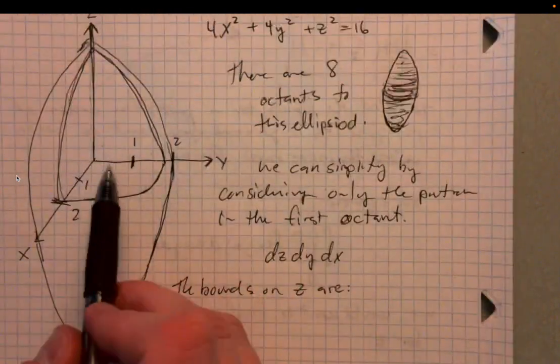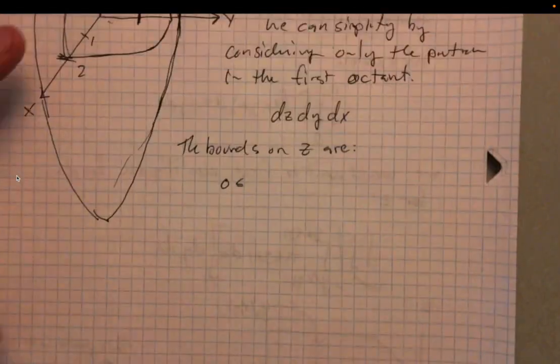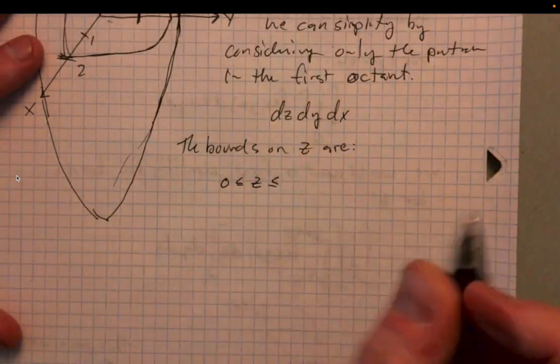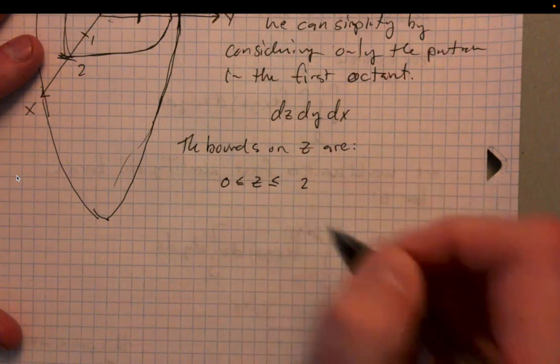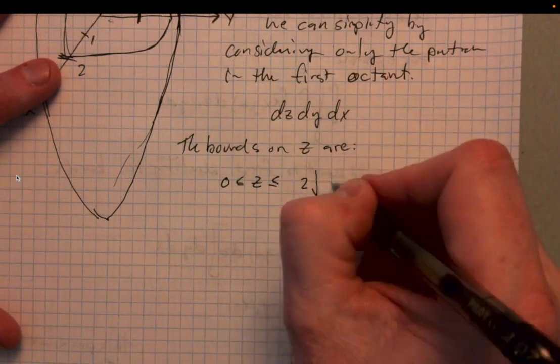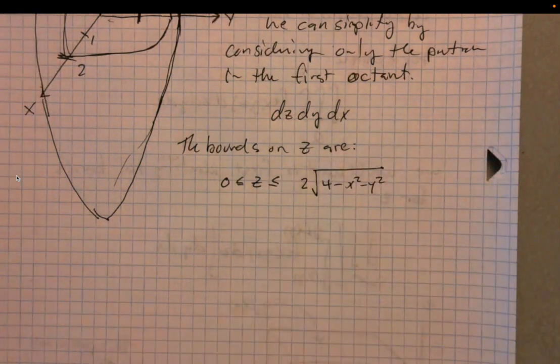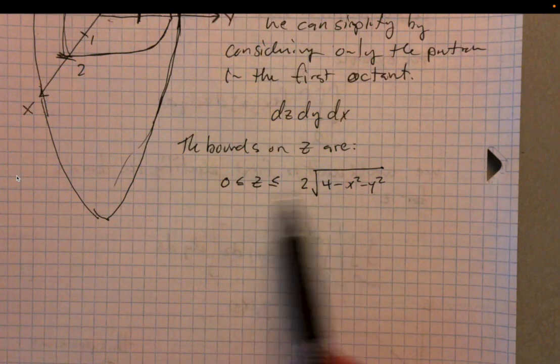It turns out that line is given by z equals 2 times the square root of 4 minus x squared minus y squared. So this is the upper bound for the inner integral.